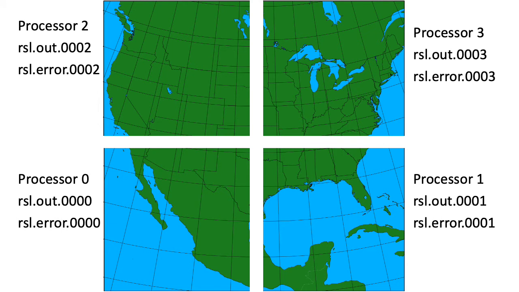When you run the WRF model, if you have a 4-processor job, you would end up with processor 0, 1, 2, and 3. You'll notice that there are RSL, Runtime System Library, output and error files that are generated for processor 0, 1, 2, and 3. So in general, if you run N processors with MPI, you end up with 0 through N-1 for the RSL out and error files.